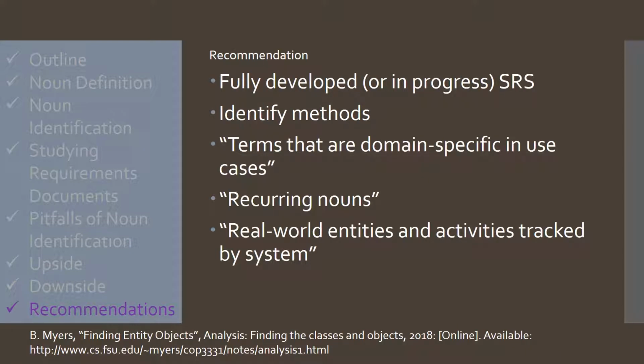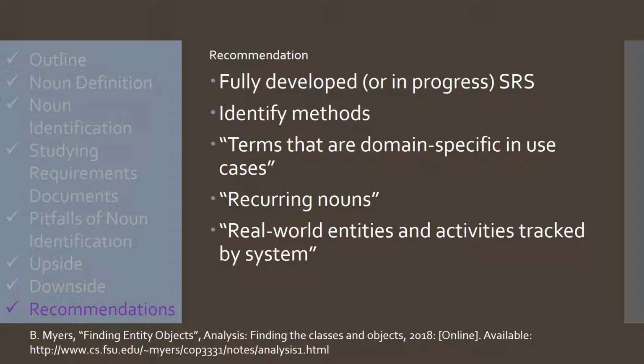Some recommendations: you should have a fully developed SRS, or what we've studied is any SRS, even if it's in progress. For best results, it sounds like we should have a fully developed SRS. So you use this technique to identify any methods or classes and objects and that sort of stuff.